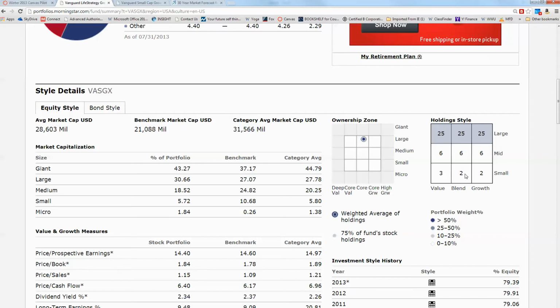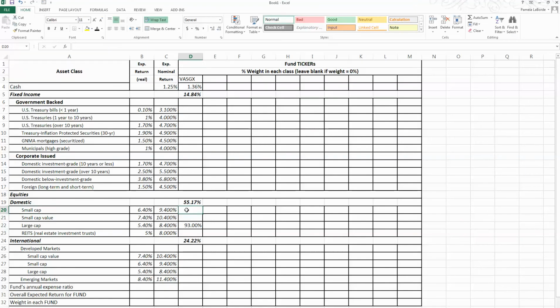I can't seem to highlight just those 2 cells. So small cap blend and growth total 4%, and small cap value 3%. So 3% here and 4% here. So that sums to the 100%.